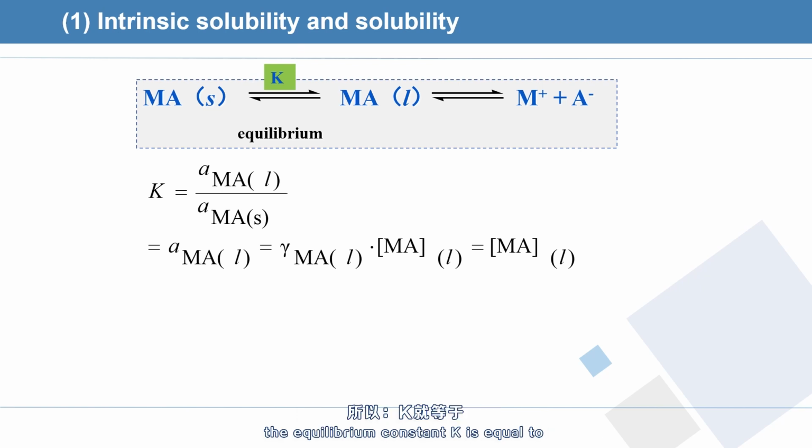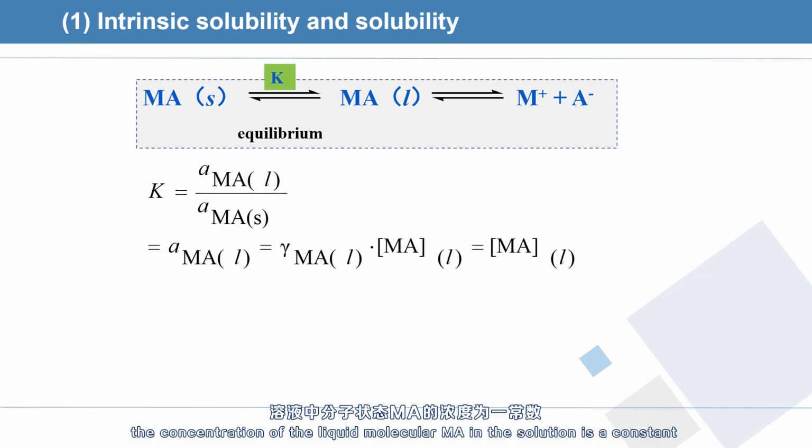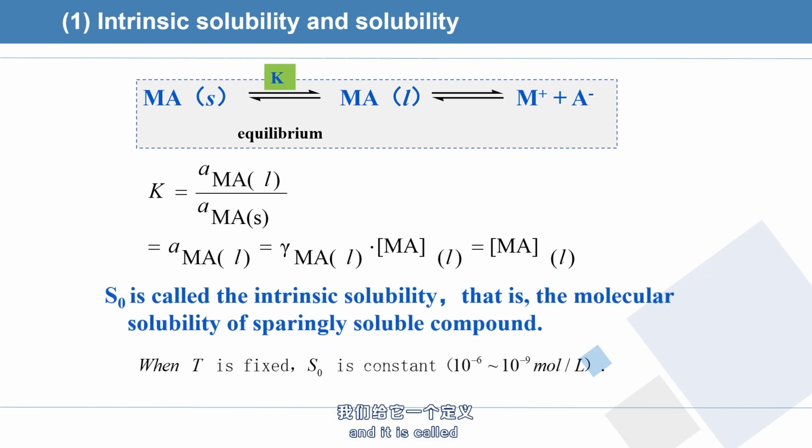The equilibrium constant K is equal to the equilibrium concentration of the liquid molecule, MA. At a specific temperature, the concentration of the liquid molecule, MA, in the solution is a constant, and it is called the molecular solubility of sparingly soluble compound, also known as the intrinsic solubility, which is usually expressed as S0. So S0 is equal to the equilibrium constant K.